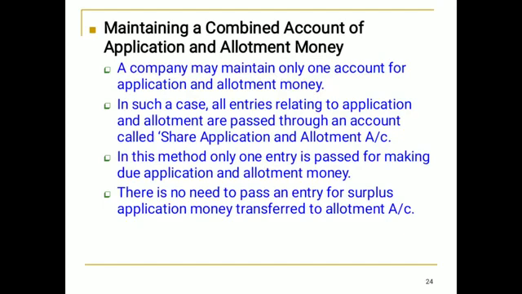Alright? There is no need to pass an entry for surplus application money transferred to allotment account. In case of oversubscription, there is no need of writing down the journal entry for transferring the surplus amount to the allotment account.